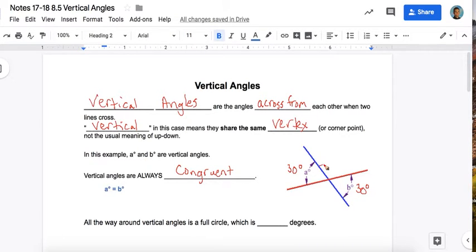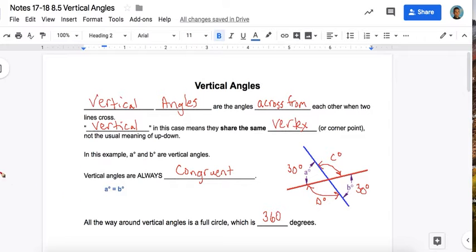And then, of course, if we go ahead and label this angle C, it would be congruent to angle D. And we could use these two measurements to find the missing degrees of C and D, because all the way around vertical angles is a full circle, which we know is 360 degrees. So we could take away these two angles, and that would give us 300 degrees, and then 300 divided by 2 would be 150.